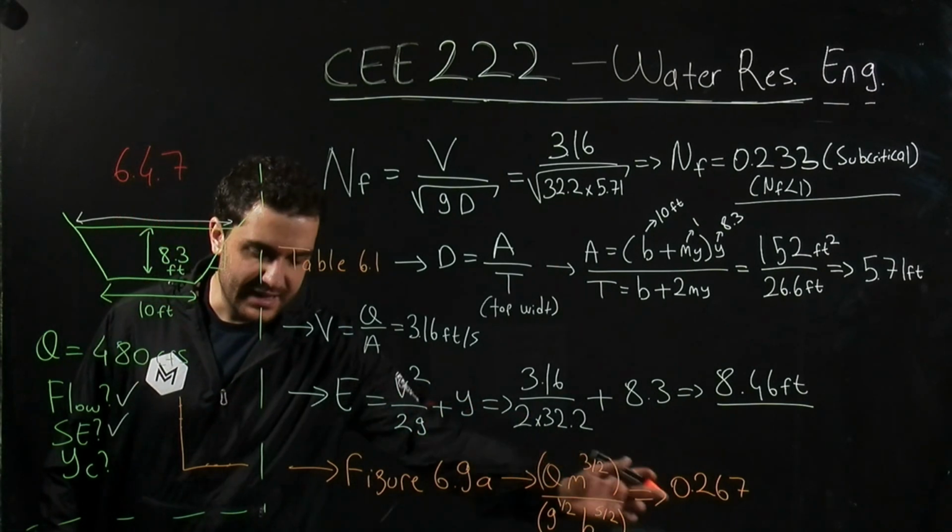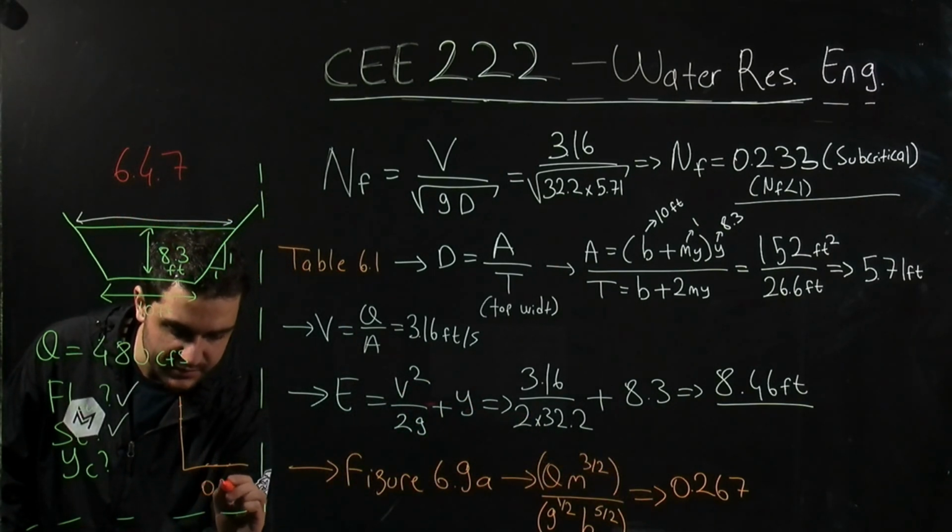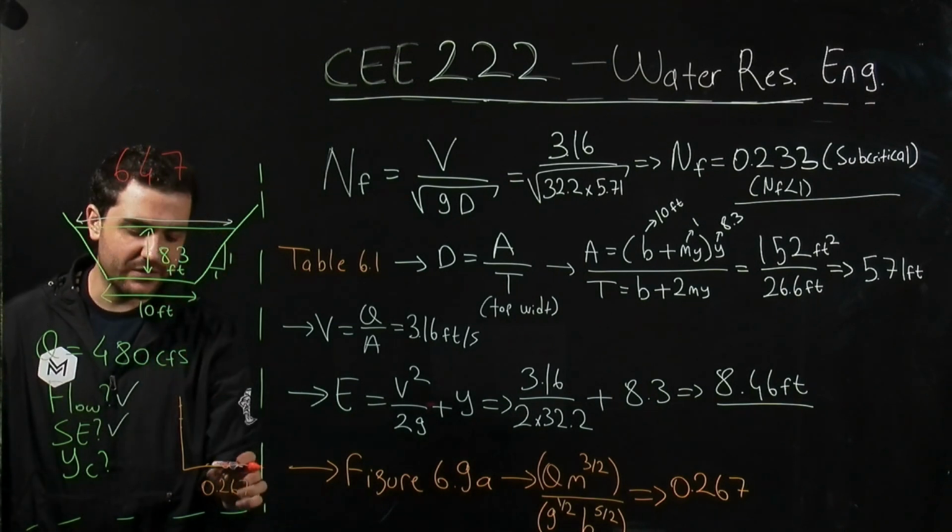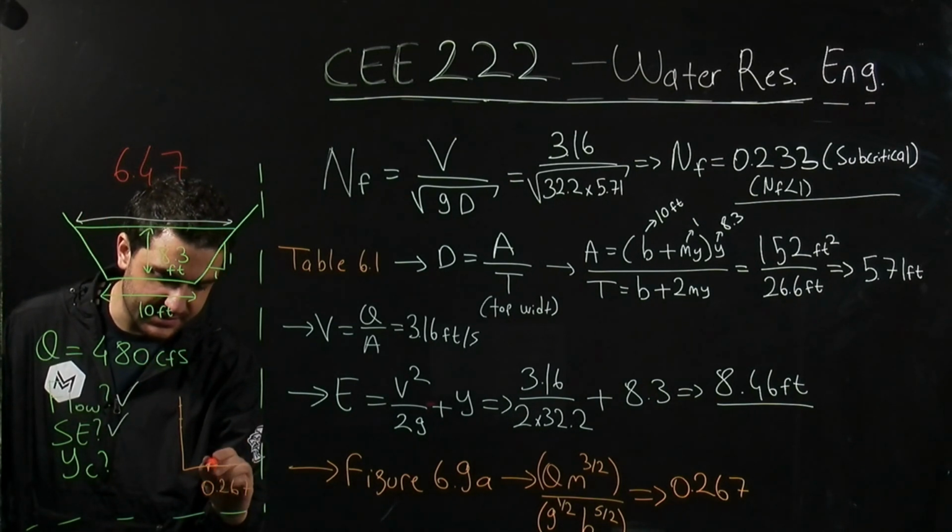So this value is actually right here. So you will match this value. For example, let's say it's around here.